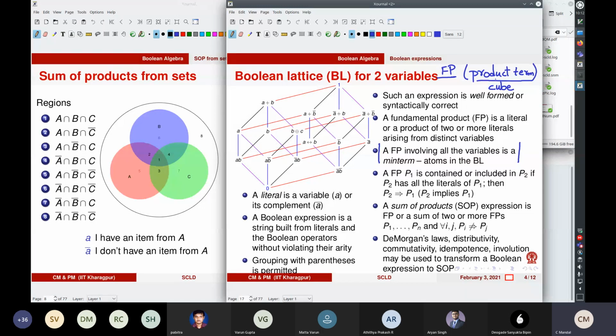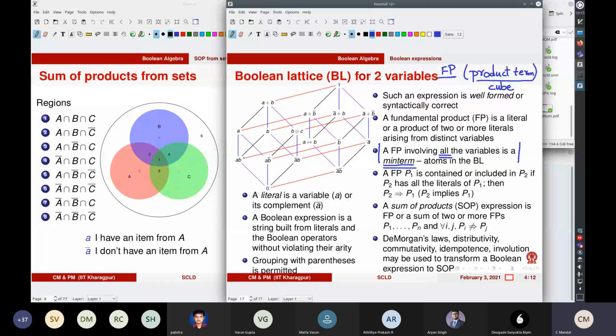But the important thing is, a fundamental product involving all the variables is called a mean term. This is very important. You can see that these are the mean terms.